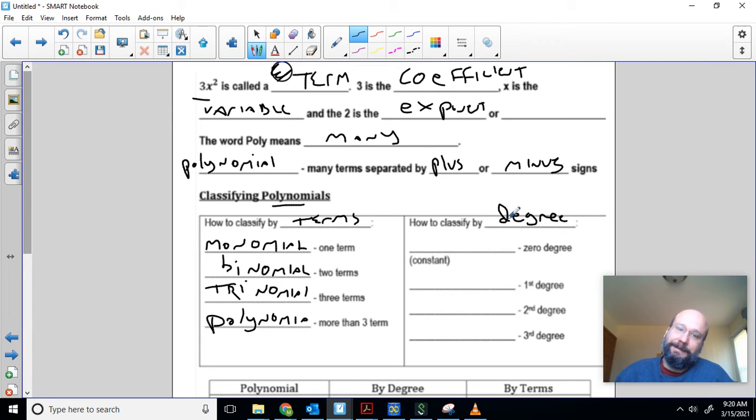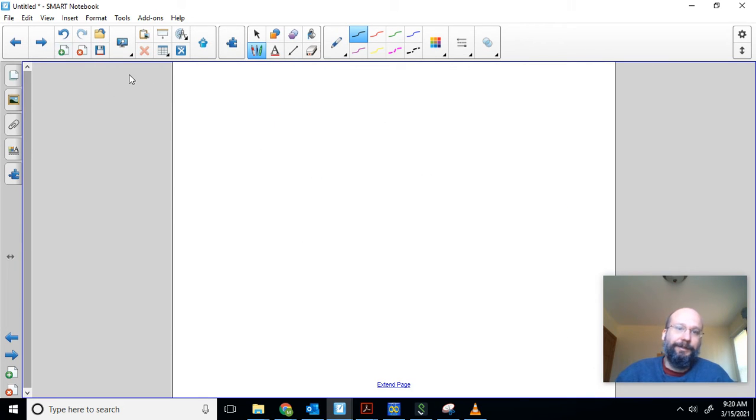So classifying by degree is a little difficult because the terms are harder. Zero degree, which would just be a number, is a constant. If you just had a polynomial that was 5, this is a monomial because it's only one term and it's just a number.